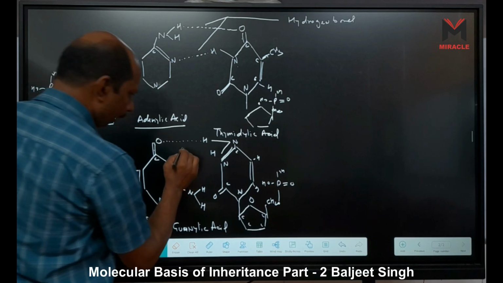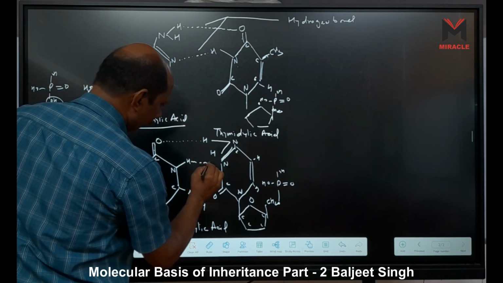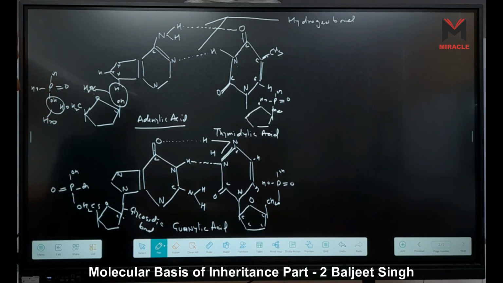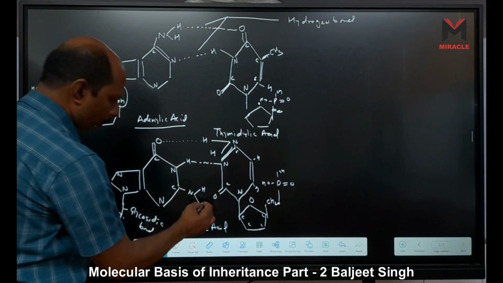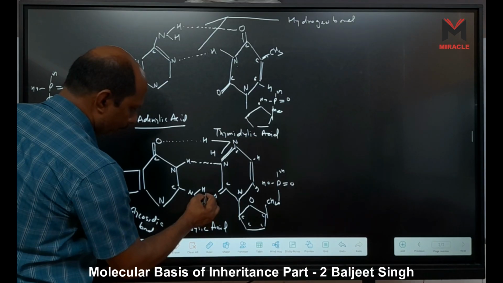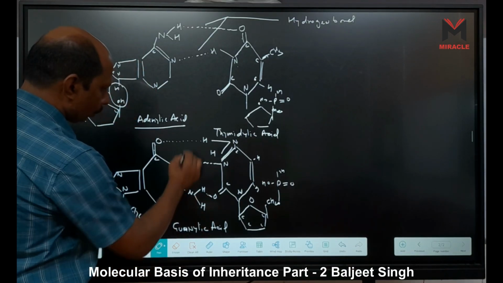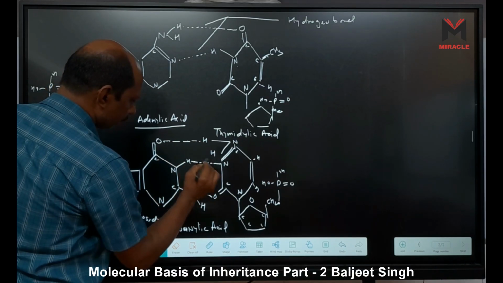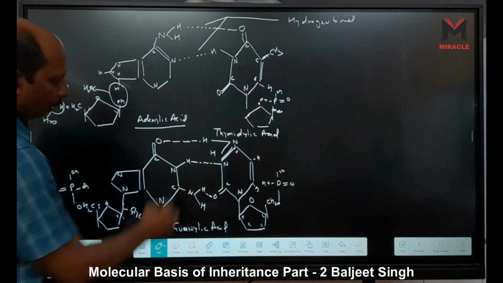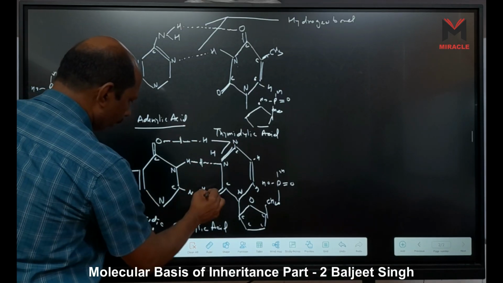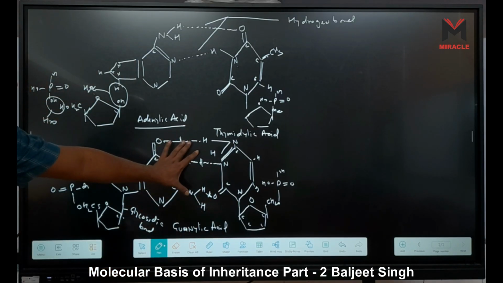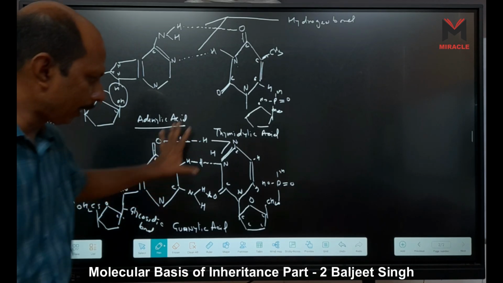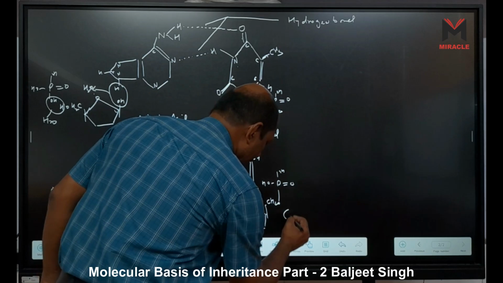The second hydrogen bond is formed between this H and this N, right? Nitrogen and hydrogen. The third hydrogen bond is formed between this one, right? So this is the first hydrogen bond, this is the second, and this is the third. So 1, 2 and 3. A triple hydrogen bond is formed between guanylic acid, and this one is cytidylic acid.